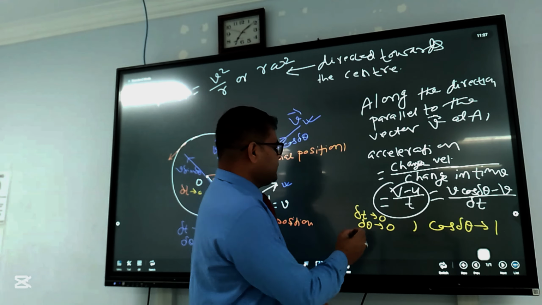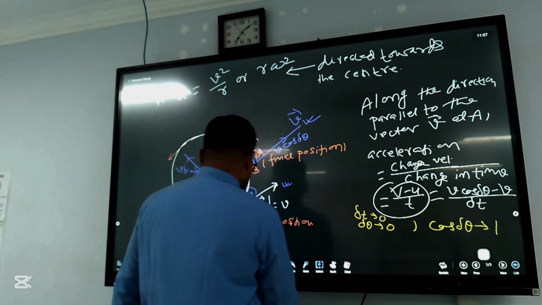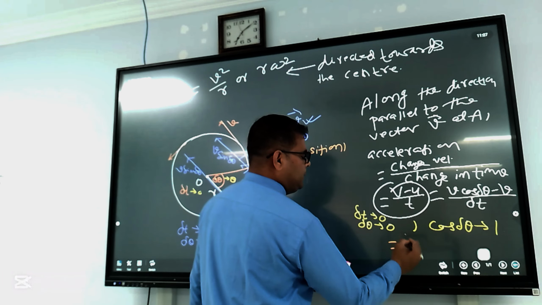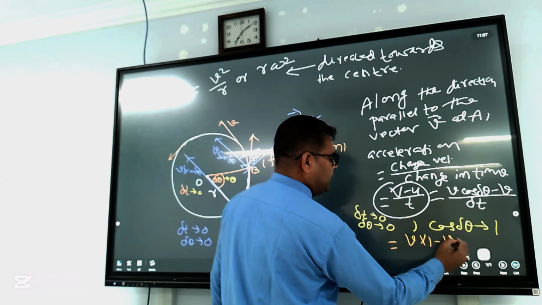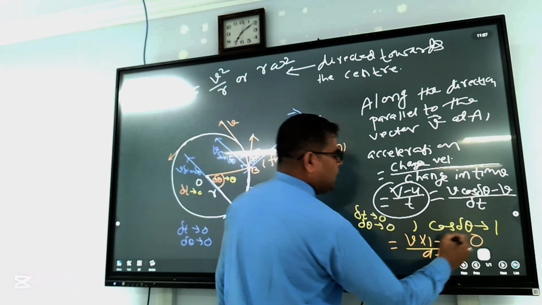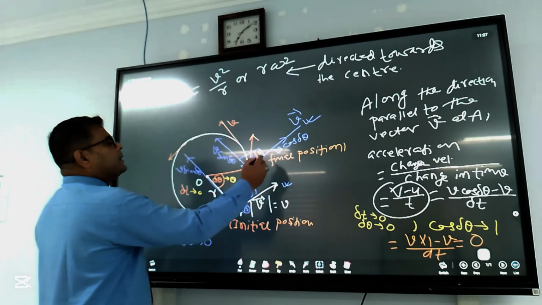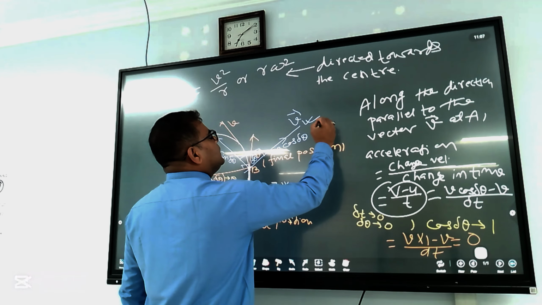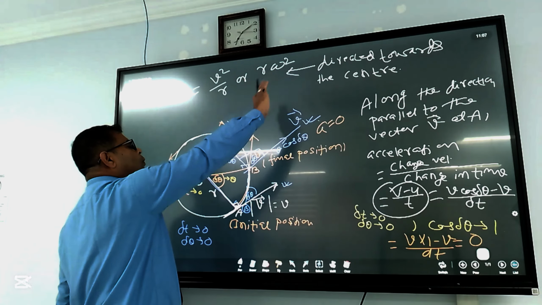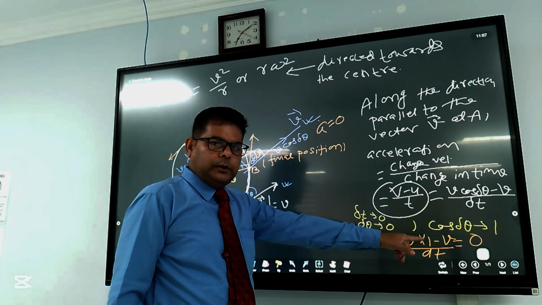Therefore, if theta tends to 0, cos theta is going to be 1. So in this case, this would be v times 1 minus v, divided by del t in general, and v minus v is going to be 0. Then what do you conclude? It means the acceleration along this line is now 0. That means the acceleration outward of this circular path is found to be now 0.